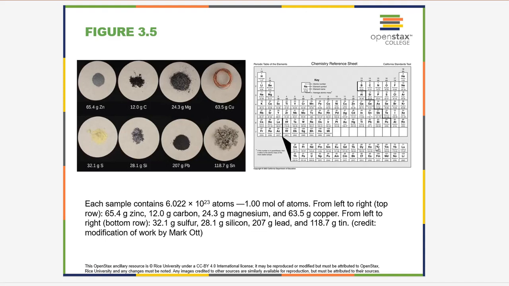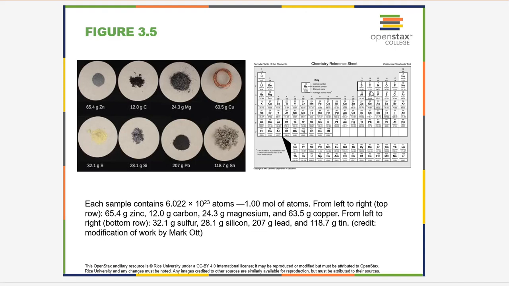The mole, 6.022 times 10 to the 23, is called Avogadro's number, after the scientist who discovered it. So a mole relates atomic mass units to grams. One atom of carbon has an atomic mass of, on average, 12.01 atomic mass units.